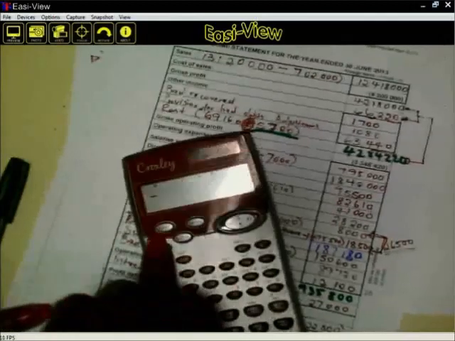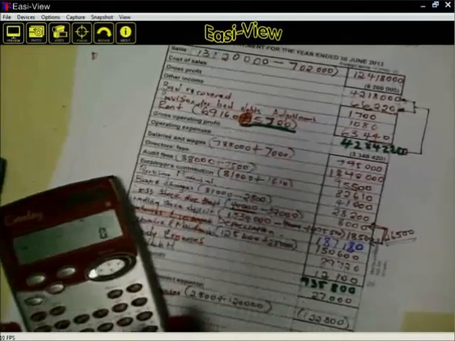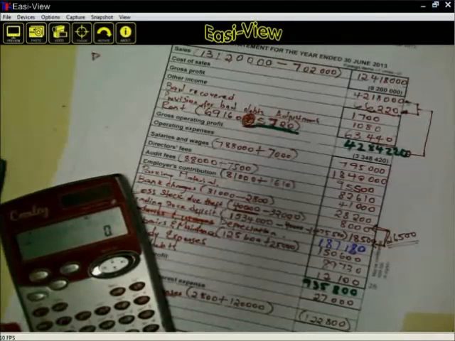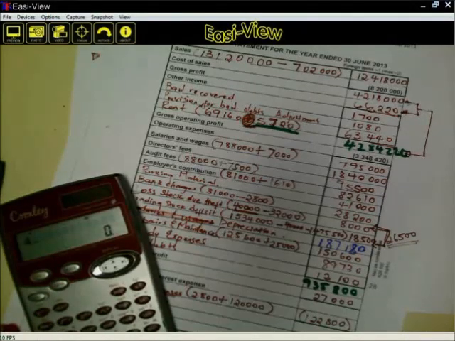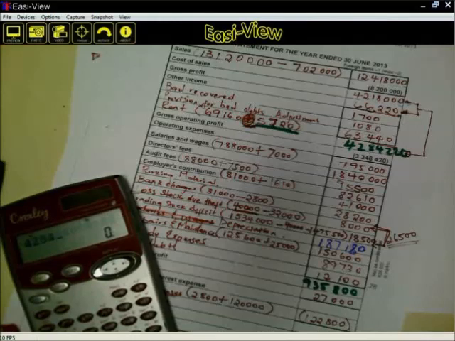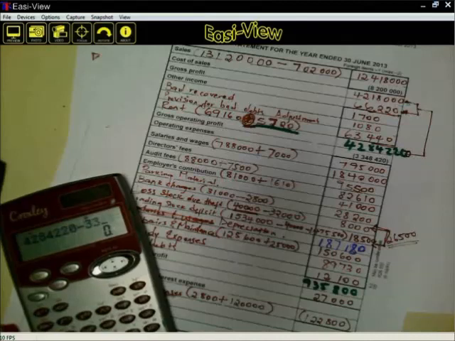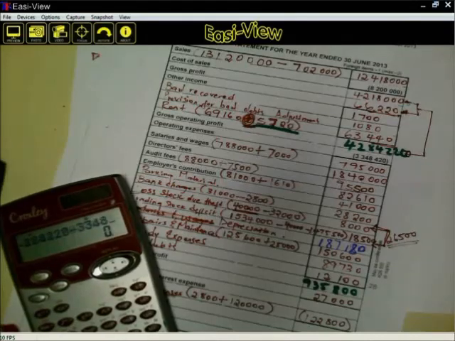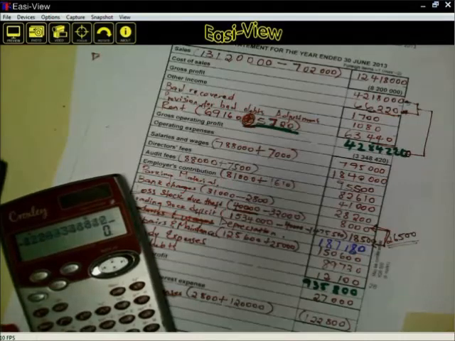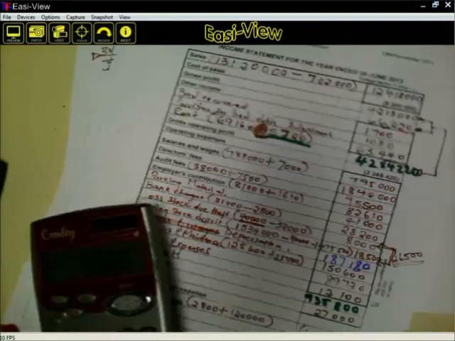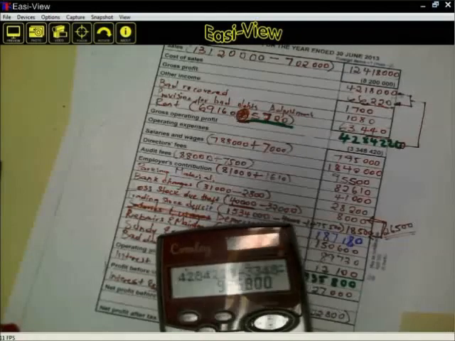We can confirm it. Remember, we said 42,084,220 minus 3,348,420. Then we'll be having 935,800.